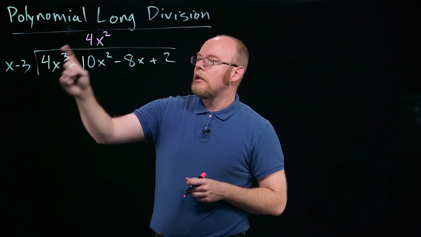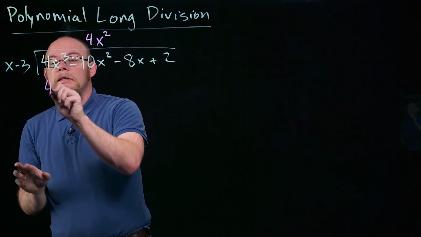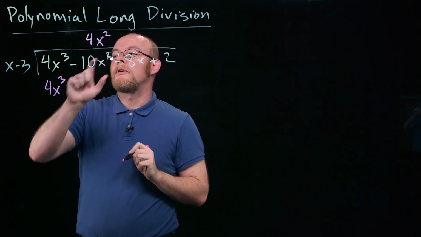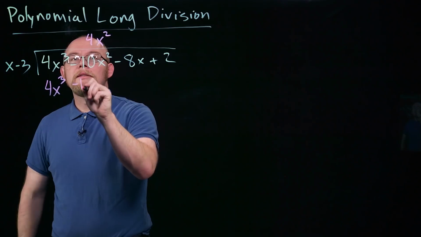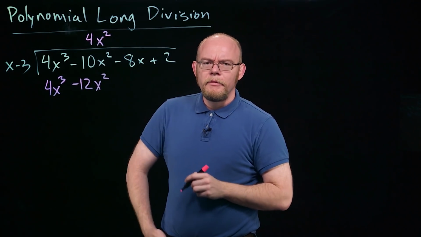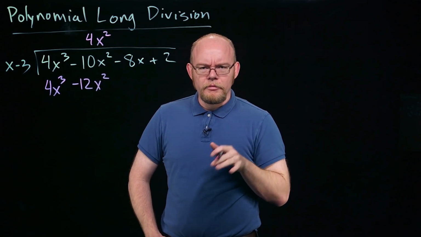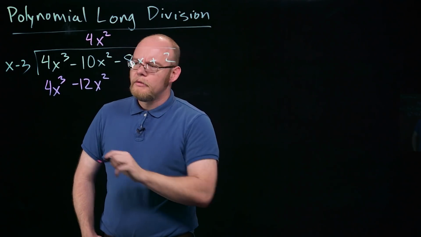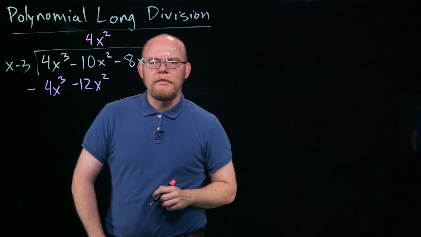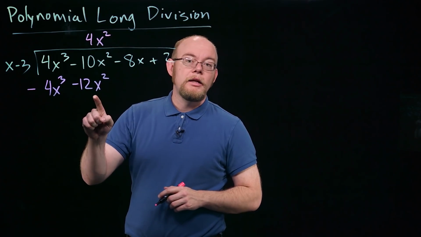So we take this and multiply the whole thing by it. We have 4x squared times x, that's 4x cubed. And then 4x squared times negative 3 is negative 12x squared. All right? So we've written that down. Now what did we do? We subtracted 11 from that. So I'm going to warn you, you don't just simply put a negative sign right here, because you're subtracting both the 4x squared and the negative 12x squared.